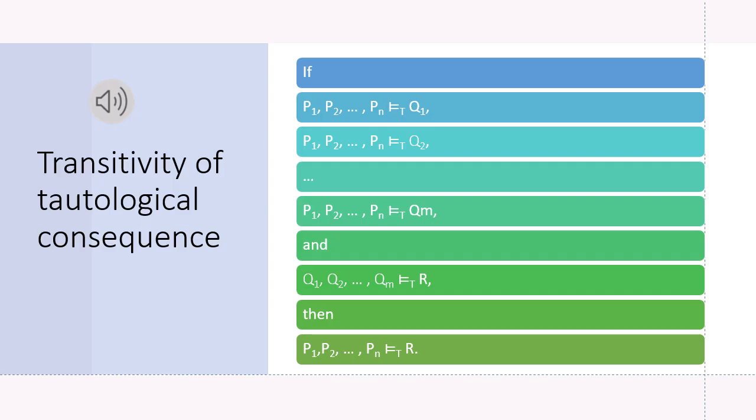And furthermore, let's assume now down in this green area that those sentences that we inferred tautologically, Q1, Q2, all the way to Qm, those sentences tautologically imply a sentence R, which is a tautological consequence of that, right?